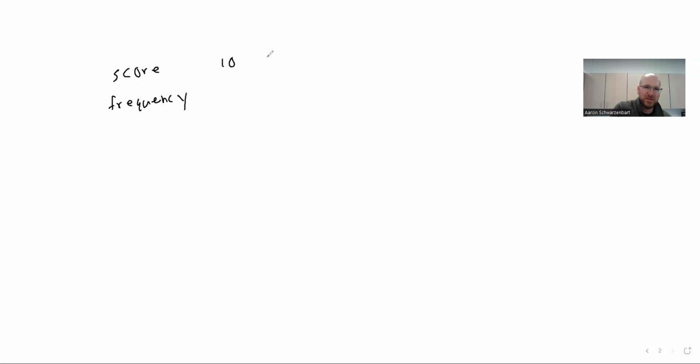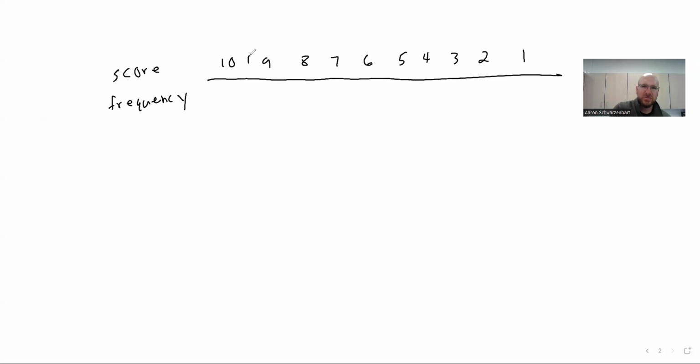This is a 10-point quiz. Let's hope none of these students at the bottom end are you. Let's hope you guys are all at the top end. Quizzes. Oops, I forgot the 0.